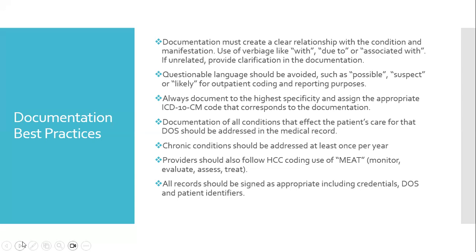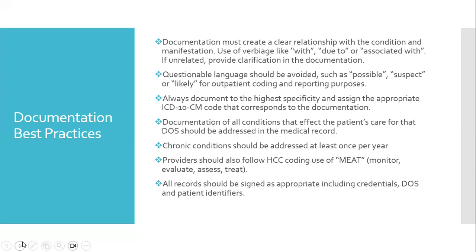Also, we need to make sure that the providers are documenting these chronic conditions, and when they are seeing these patients, they are being addressed at least once per year. As you may know, some patients have a higher morbidity or mortality due to comorbid conditions. So, in that case, they may be seen more than once a year.